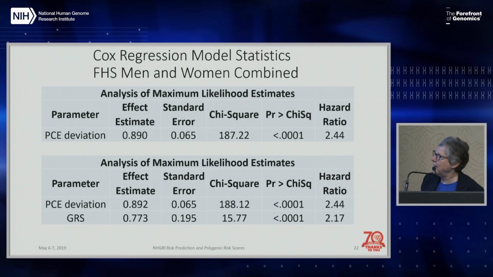And then we also added the genetic risk score, as we mentioned how we calculated it in the previous slide. And again, we found the PCE deviation was significant, as well as the genetic risk score, both of them highly significant, with the genetic risk score adding about 2.2 times the risk per unit increase in the genetic risk score.